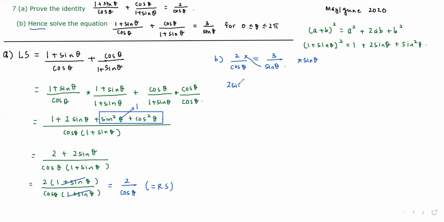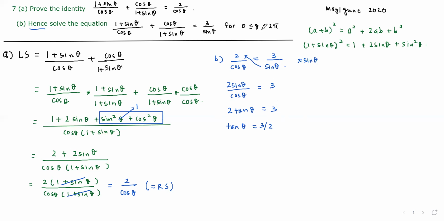That gives you 2 sine theta over cosine theta equals 3. And then that will give you 2 tangent theta equals 3. Sine over cosine gives you tangent. And dividing throughout by 2, you have tangent theta equals 3/2.